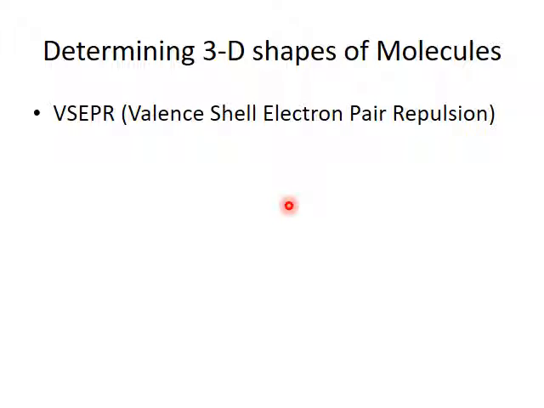Maybe if I get time, I'll show you on another PowerPoint or slide. So I'm just going to cut to the chase to show you the different shapes of molecules, and hopefully you'll be able to visualize them a little bit.